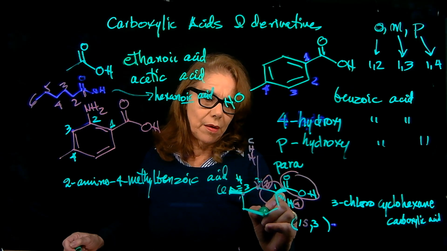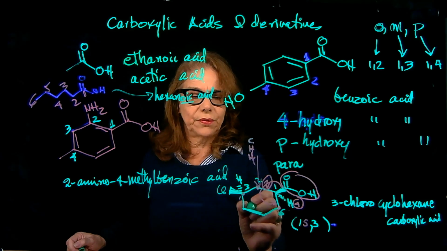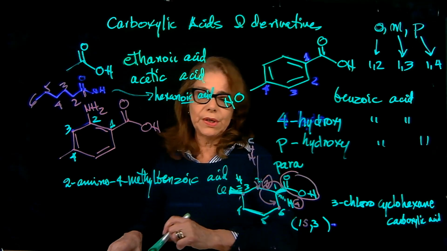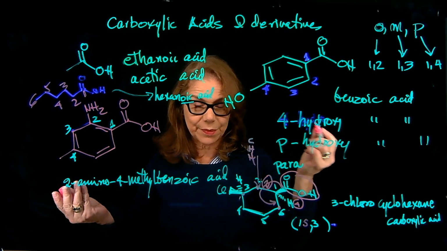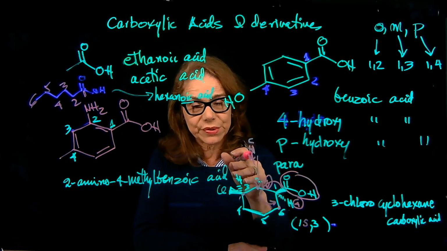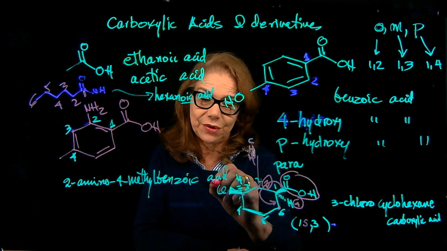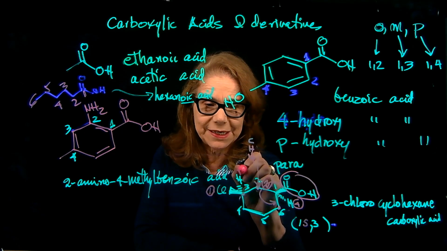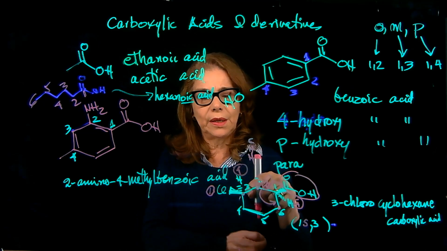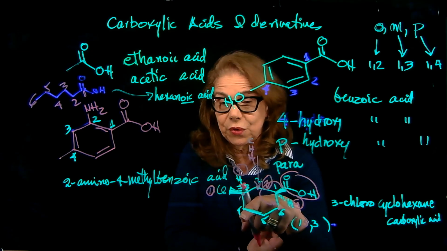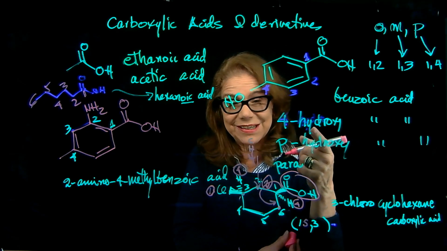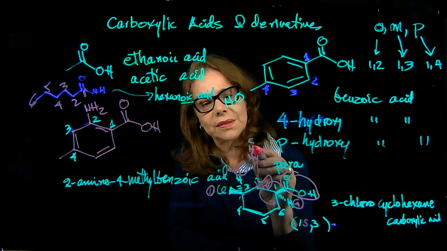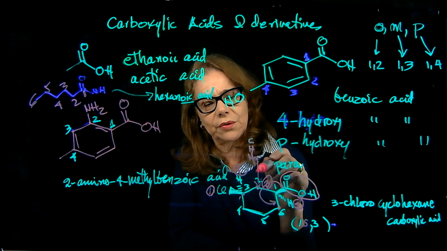This is 6, this is 3, 4, that's 5. So if you look at carbon 3, the highest priority is the highest atomic number. When you look at the substituents at carbon 3, my chiral center, the highest priority is chlorine. The lowest is the hydrogen, 4. And then I'm between carbon 2 and carbon 4, 2 carbon atoms. So I need to see how they are bonded. Carbon 2 is attached to a carbon, which is 1, and hydrogen.